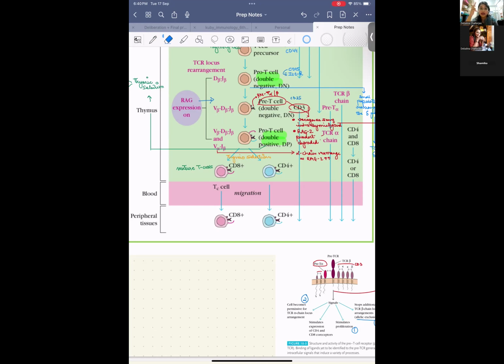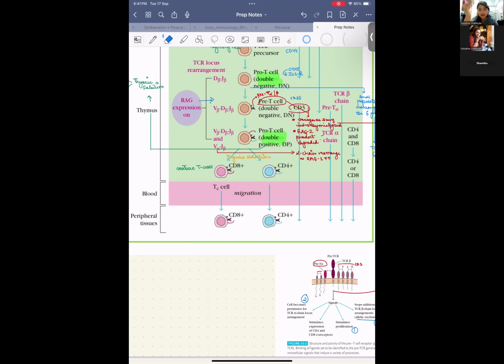So here again, the phenomenon of probability takes its chance. The chance of all the beta chains assembling with exactly the same kind of rearranged alpha chain is very low, because recombination is a random event.